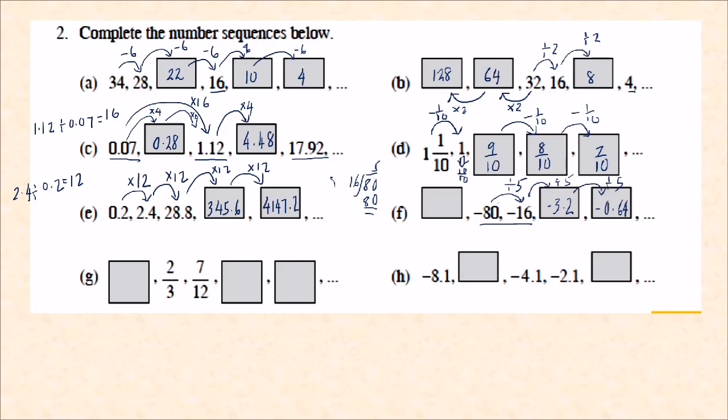Okay, so going behind, we divide. So going to the front, we multiply by 5. So negative 80 multiplied by 5 equals negative 400.